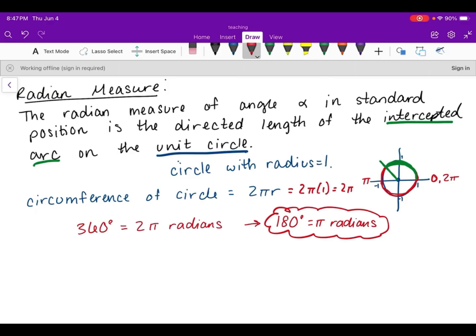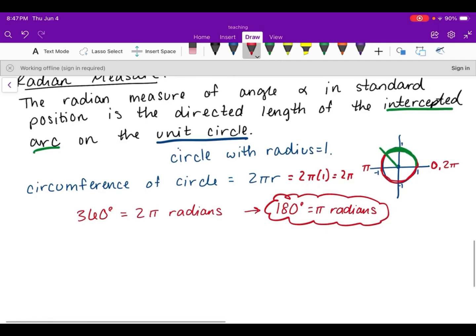Those of you who may take a physics course are going to notice that for the most part you need to stay in radians if you ever use an angle in a physics problem or formula, like a work formula. It's hard to explain in our sections without having so many applications. But for those of you who are going to take the calculus series, they mostly deal in radians as well.